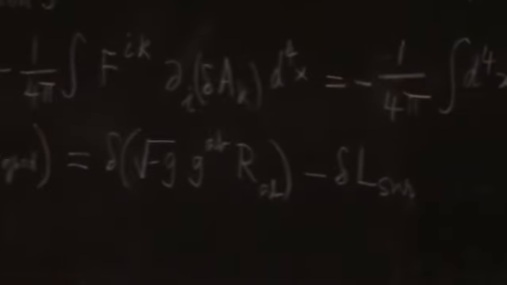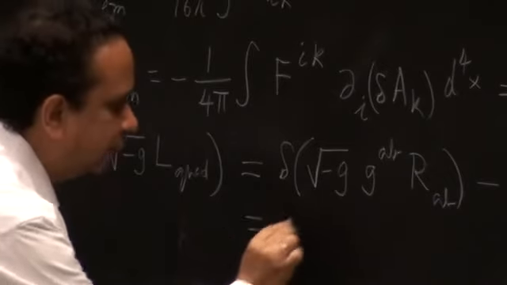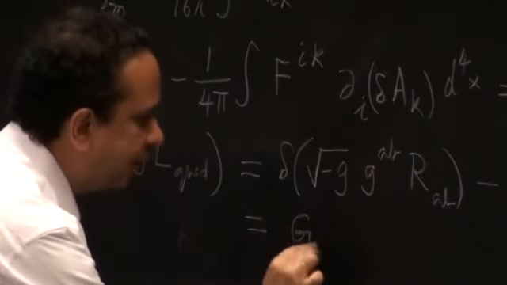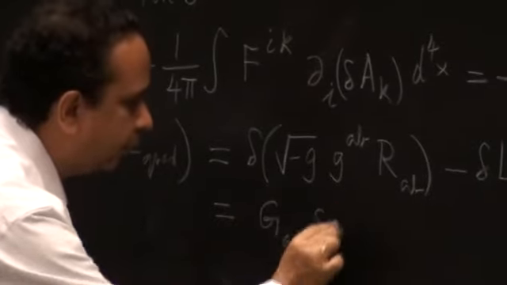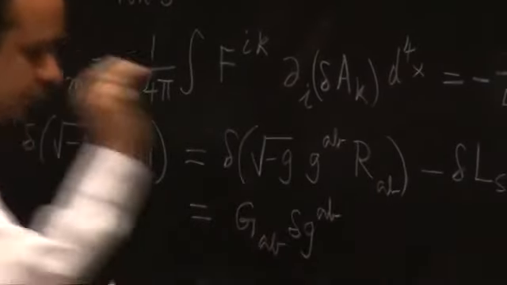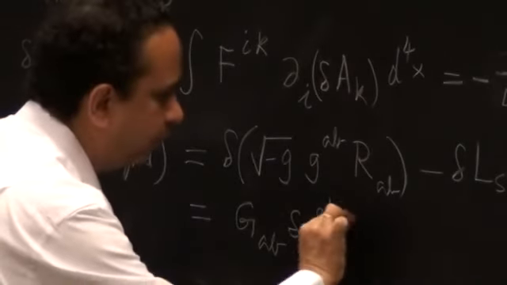So this is known, and I will just write down the final answers in both these cases. When you do this, you pick up the usual term, which is capital G^AB times delta g_AB, the standard Einstein term times root minus g.